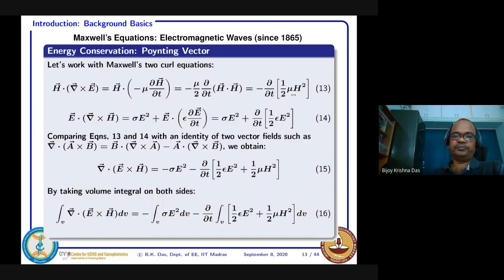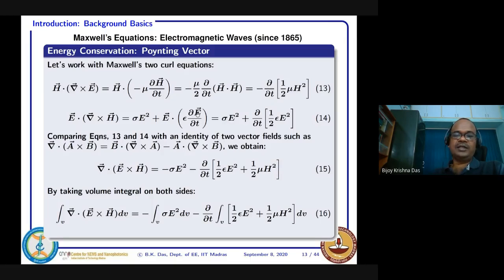Similarly, if we take the other curl equation, that means curl of H, and take a dot product with E, it is similar to the other curl equation. Since in the curl of H equation you have an additional term, the conducting current J equal to sigma E, that becomes sigma E square.